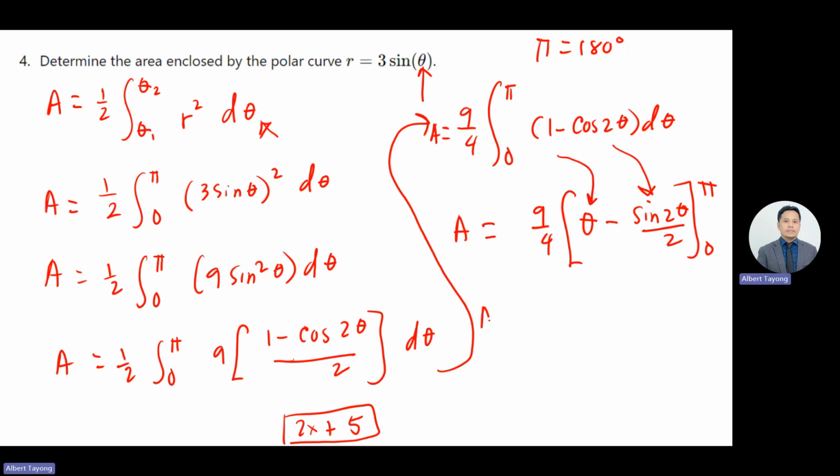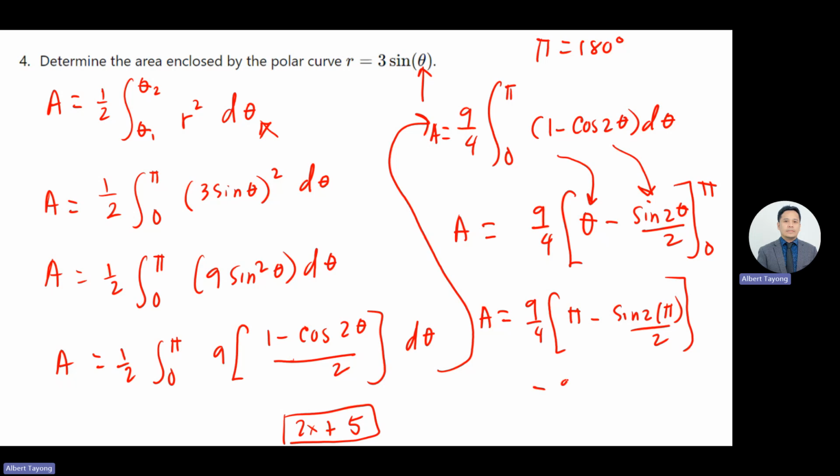Now to identify our area, we have 9 over 4 that is outside. We're going to start with pi. So the first one is we have pi minus sine 2 pi over 2. Then the next will be 0.